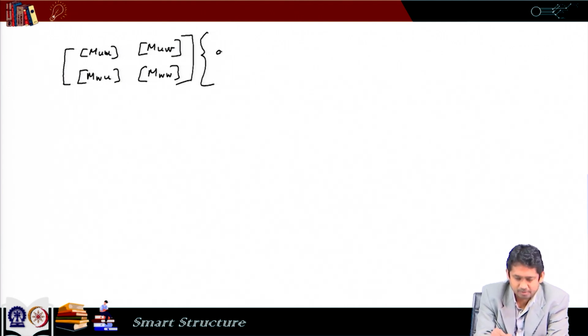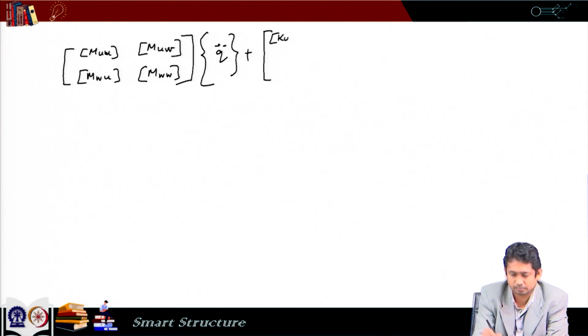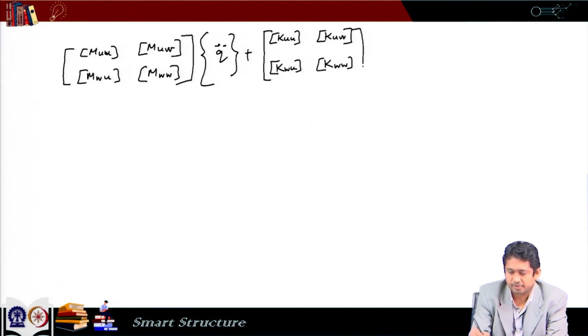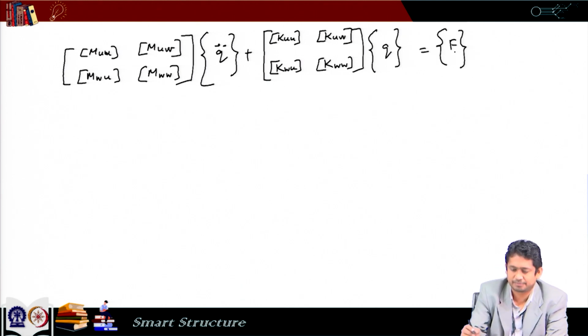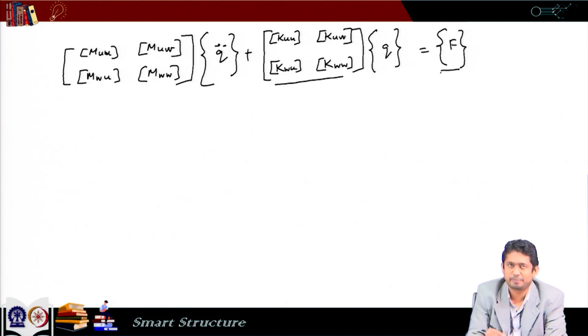The mass matrix multiplied by q dot plus the stiffness matrix multiplied by q, and that is equal to the force vector F. This we already know.